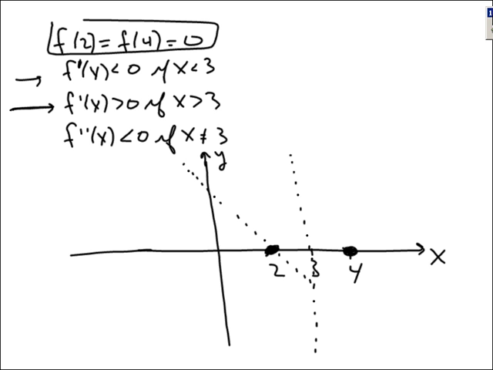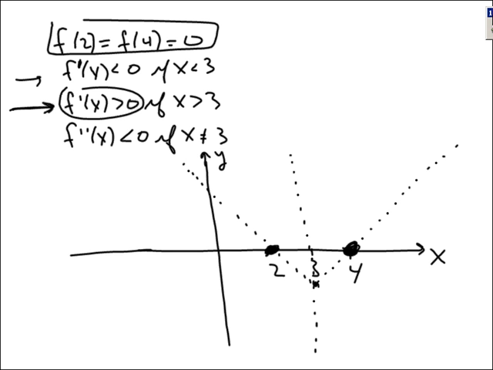The next line says that the slopes are positive if x is more than 3. So of course I'm going to pick up from here, and I must cross that point.